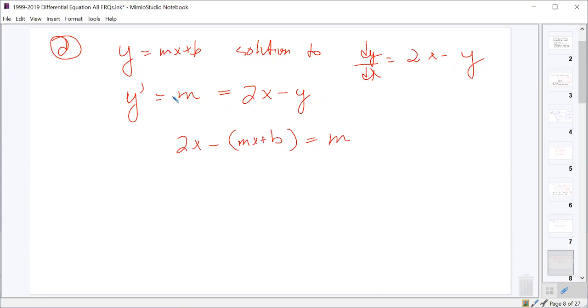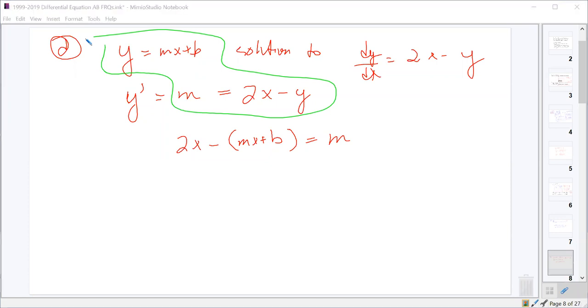Do y'all agree? If m equals 2x minus y, I could replace the y with mx plus b and say 2x minus (mx plus b) equals m. And that's just like solving a system of equations. True? That's how we solve a system of equations.